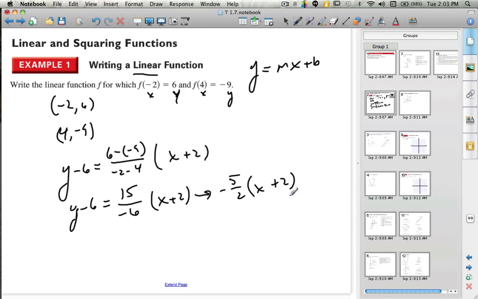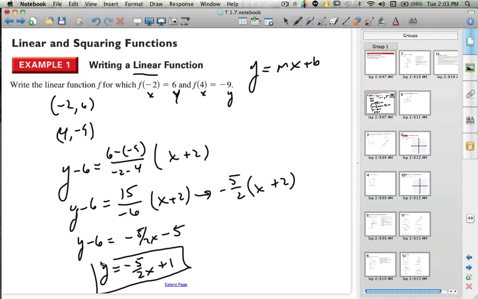When I distribute that, I'll get y minus 6 is equal to negative 5 halves x minus 5. So when I do negative 5 halves times 2, the 2's cancel and I just get minus 5. And now if I add 6 to either side, y is equal to negative 5 halves x plus 1.